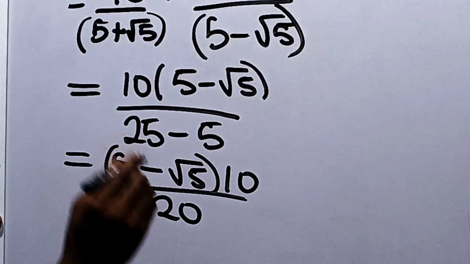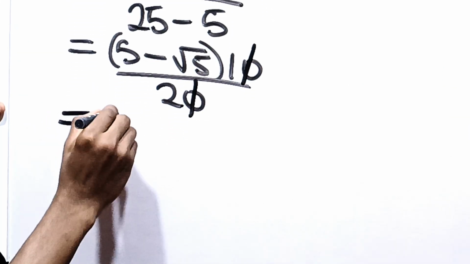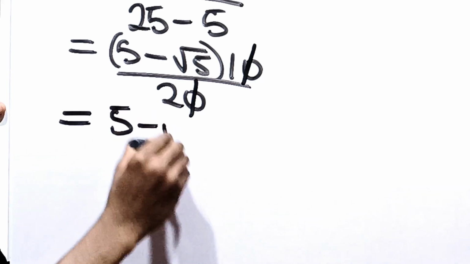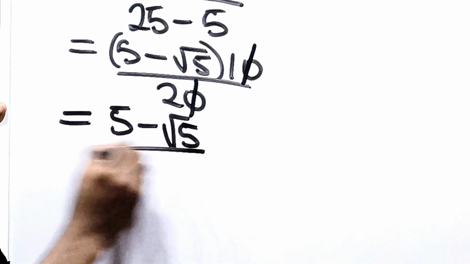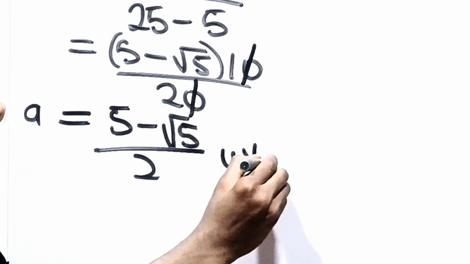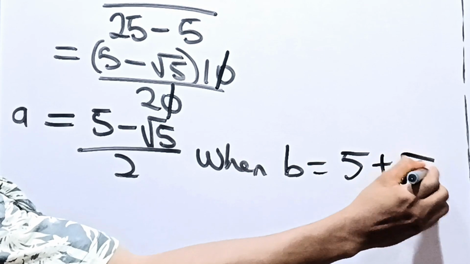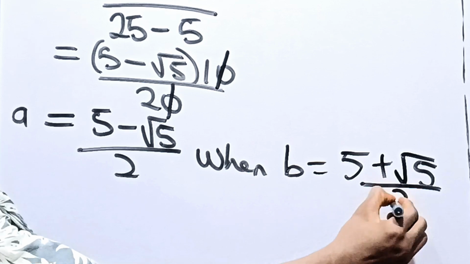Moving on from here, let's strike this and strike this. So we have that this is equal to 5 minus root of 5 divided by 2, and this is what our A is equal to when B is equal to 5 plus root of 5 divided by 2.